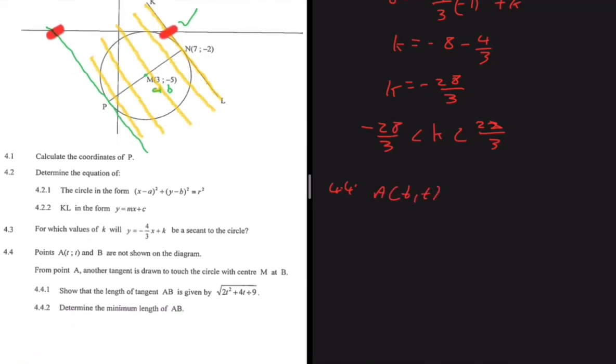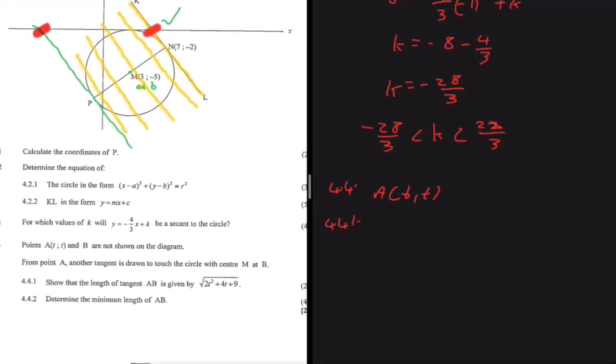And 4.4.1 is saying that from point A, another tangent is drawn to touch the circle with center M at B. Let's show that the length of the tangent AB is equal to the square root of 2t squared plus 4t plus 9.